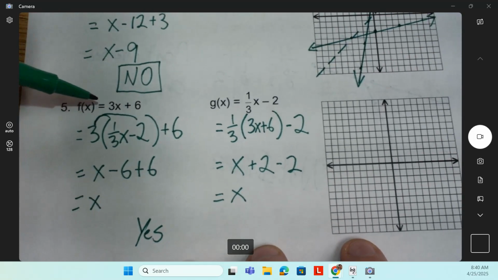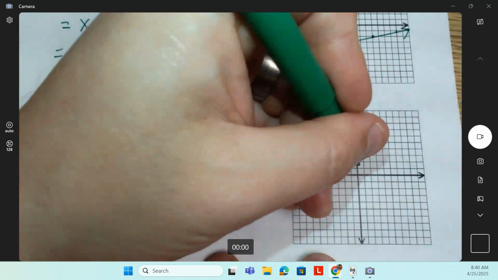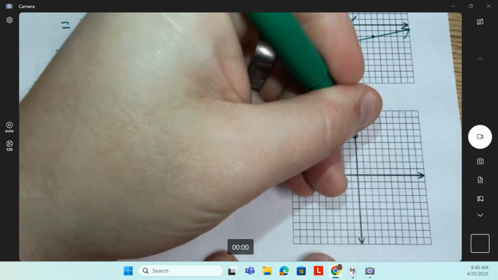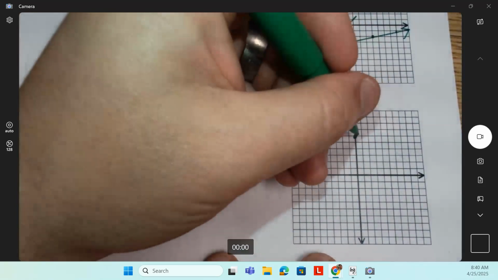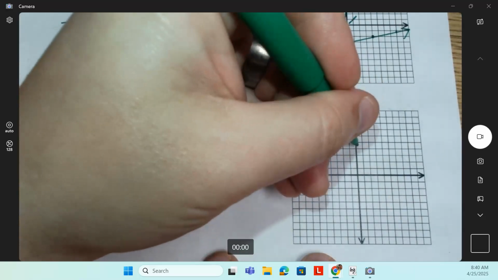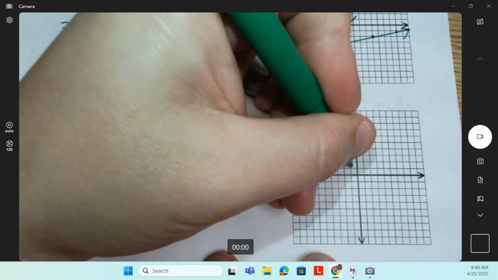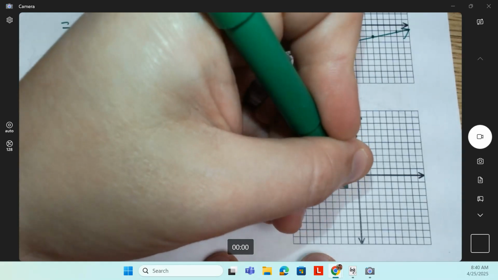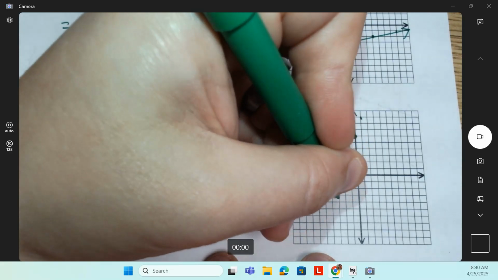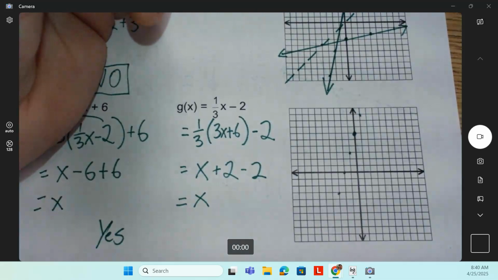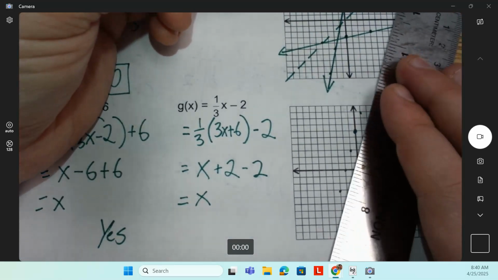So that is 1, 2, 3, 4, 5, 6, and a slope of 3. Just get enough points there to draw my line.